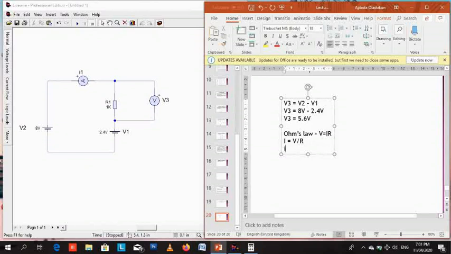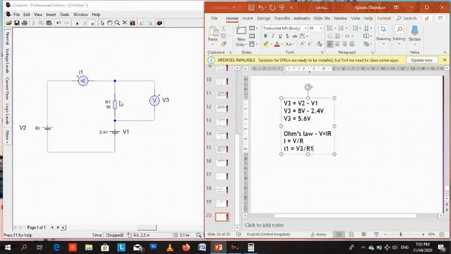I1, in this case, is our current. Then small I1 is equal to V3, where V3 is the voltage across our resistor, over R1, which is our particular resistor.